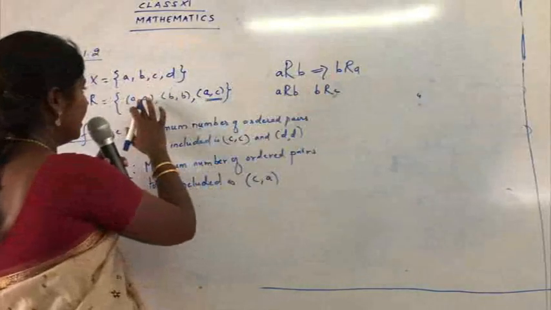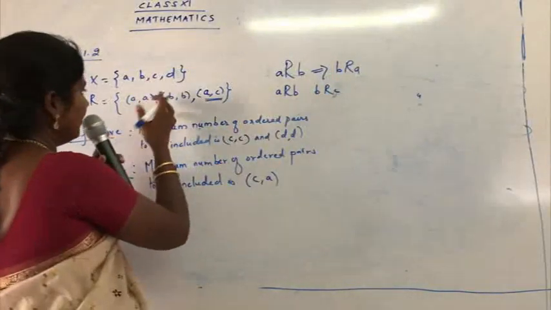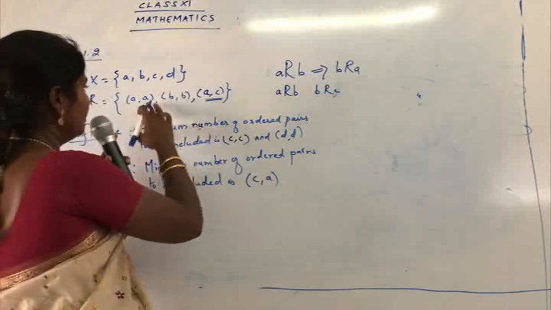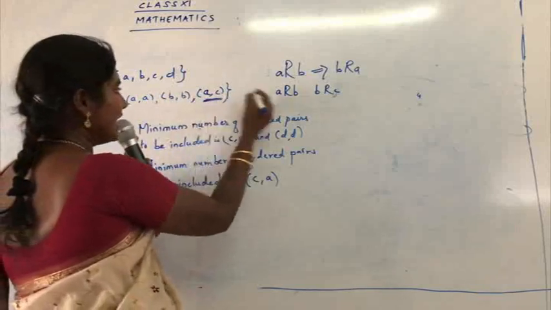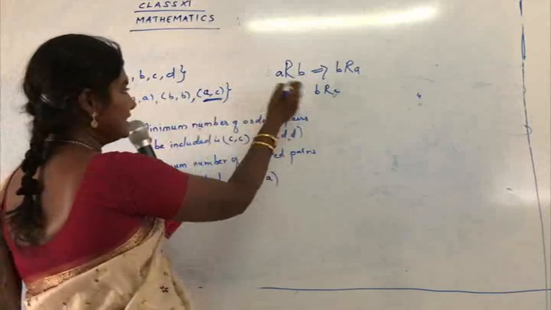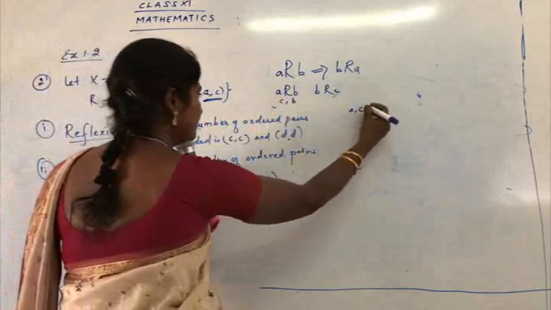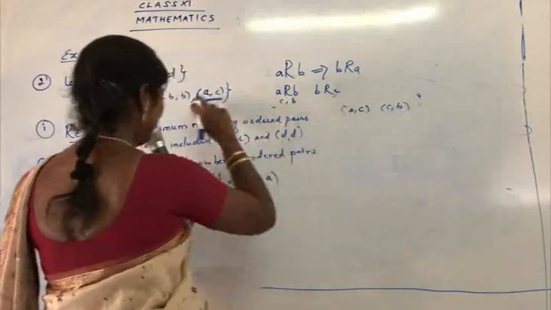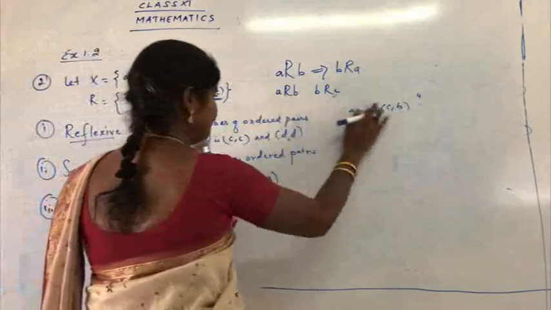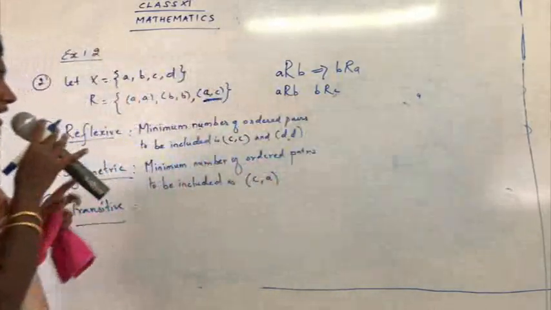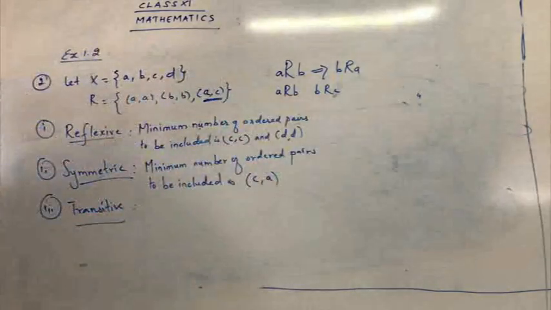Suppose if I have AC, then I should have CB, so that I can take AB. If AC is there, it means I should have CB in the relation. But nothing is mentioned. So we don't have any pair regarding the transitivity part.